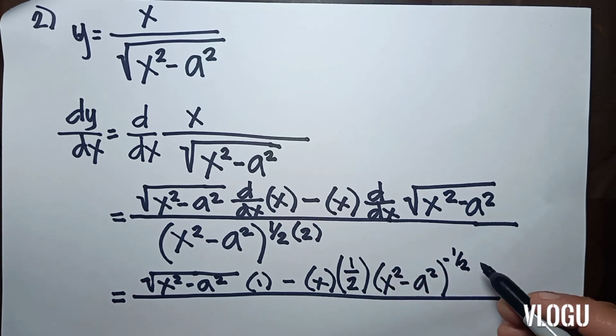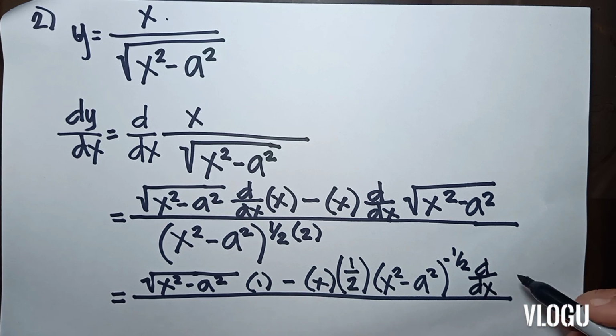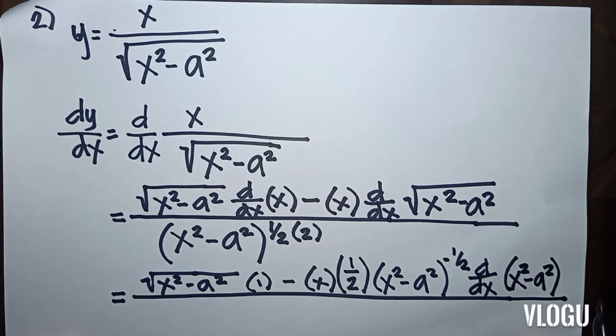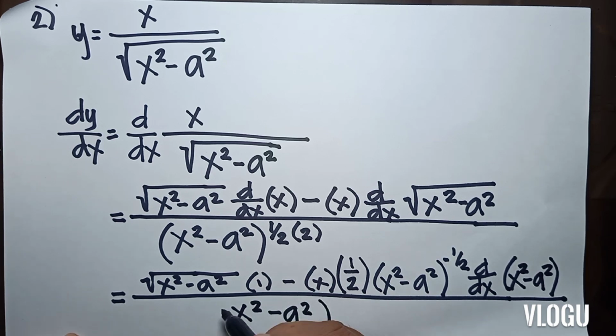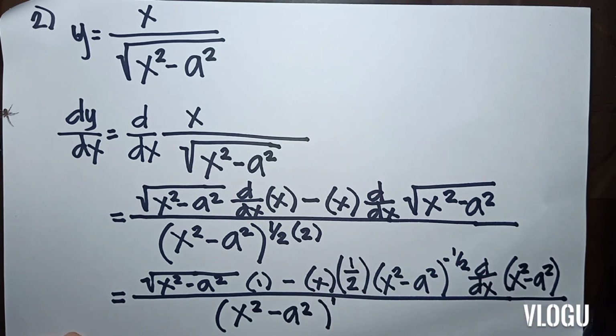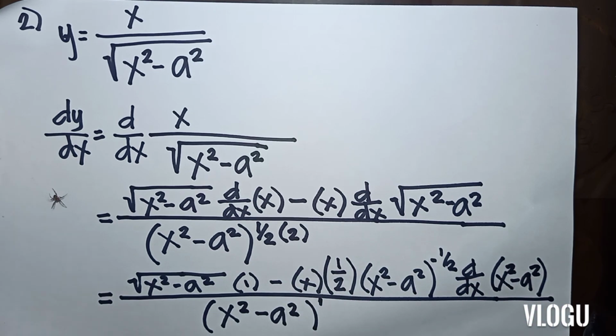After that, we will have d dx of x squared minus a squared without the exponent. I hope you remember that one. For the denominator, x squared minus a squared is raised to 1, because 1/2 times 2 is 1. So we will have that.